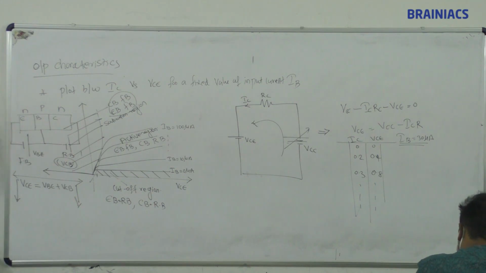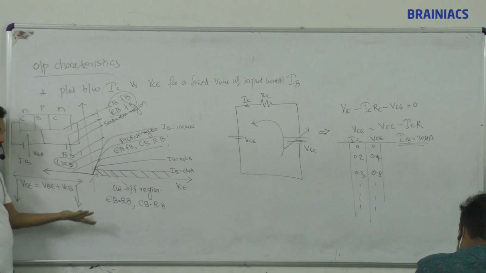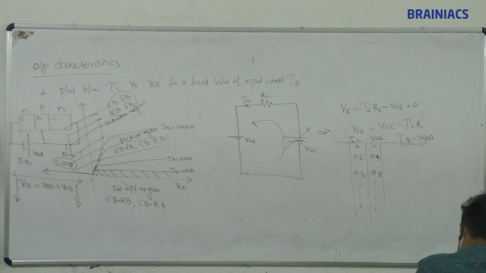Emitter base junction reverse biased, collector base junction also reverse biased. Collector base is already reversed when IB is 0 or IB less than 0, which means the transistor is in off condition.